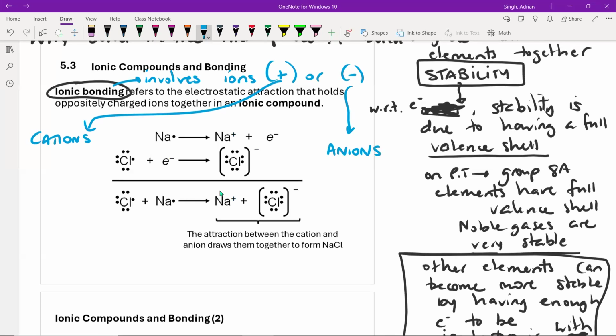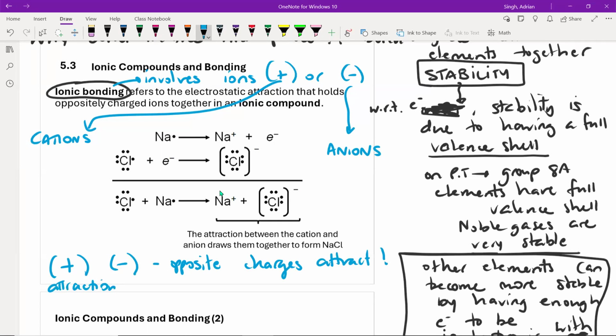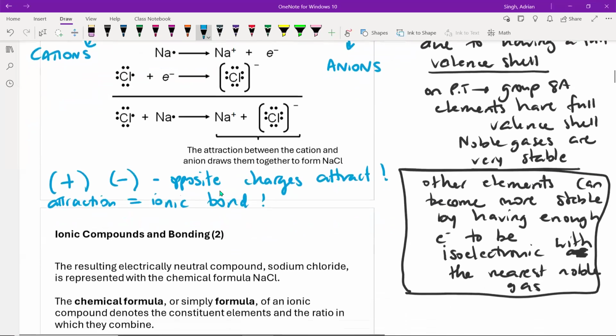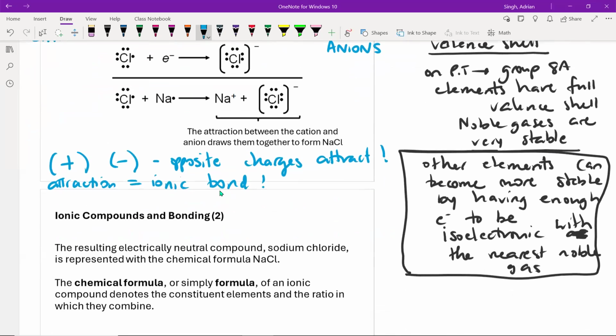If you think about it intuitively, if you have something positive and something negative, opposite charges will attract. We saw that way back in week 1. That attraction between a positive and a negative charge is the ionic bond. That's all that it is. An ionic bond is just the attraction between positive ions and negative ions.